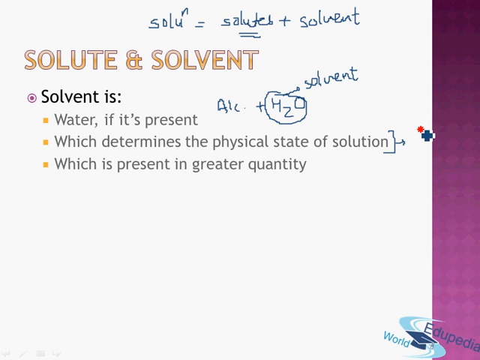For example, in salt plus water, the solution after mixing is going to be liquid, aqueous actually. Salt is a solid, so I can take water as the solvent and salt as the solute, because water determined the final physical state of the solution.